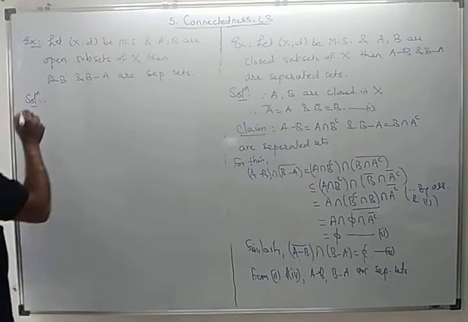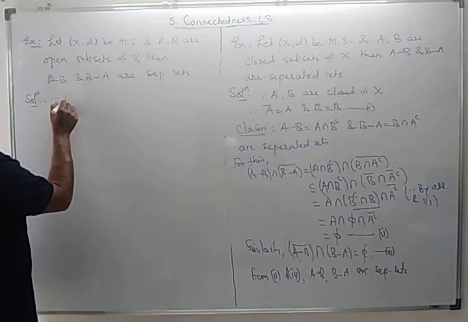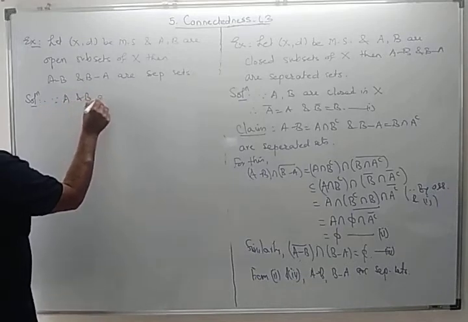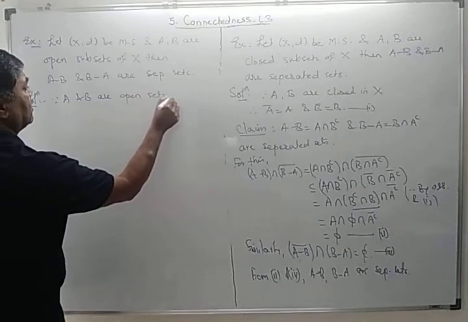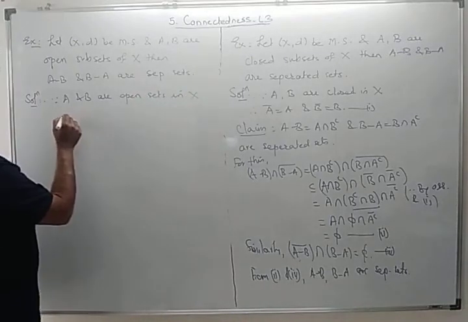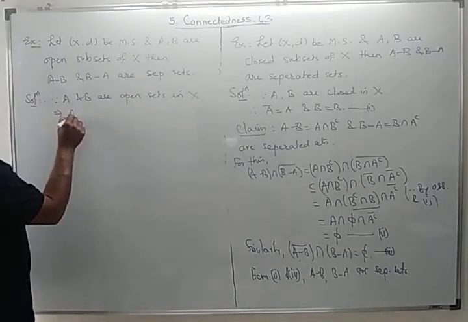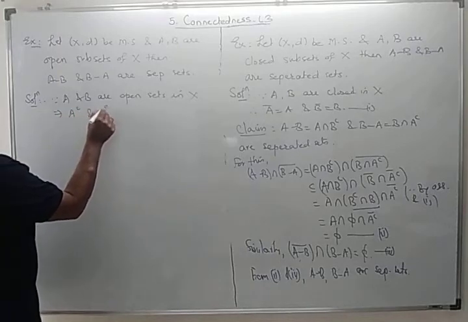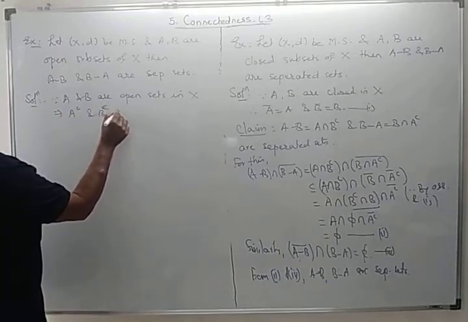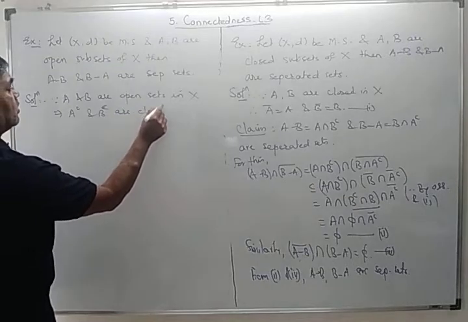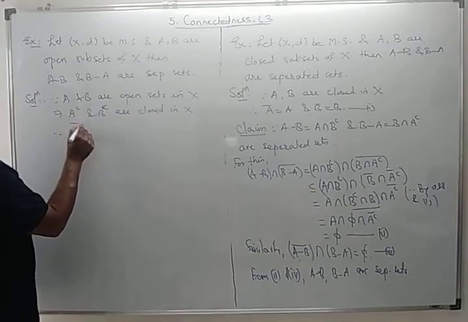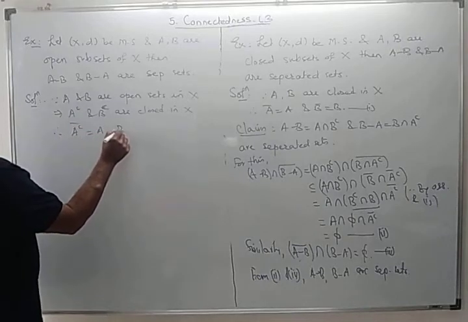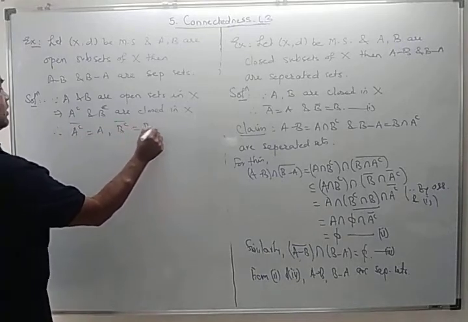Solution: since A and B are open sets, this implies A complement and B complement are closed, and therefore A complement closure is equal to A complement, B complement closure is equal to B complement. This is 1.